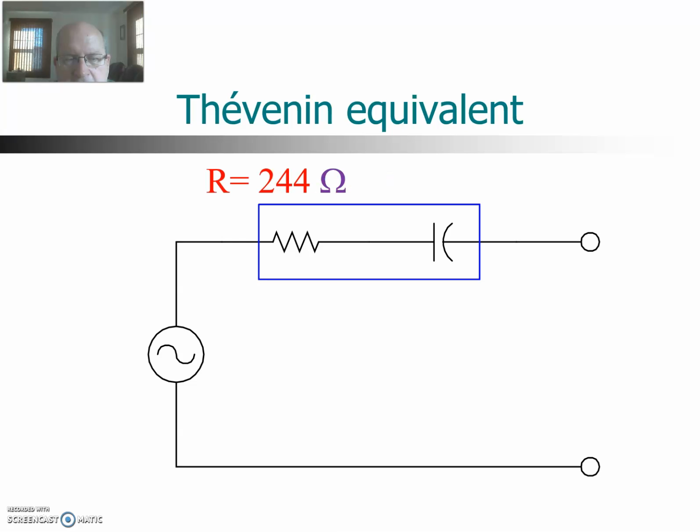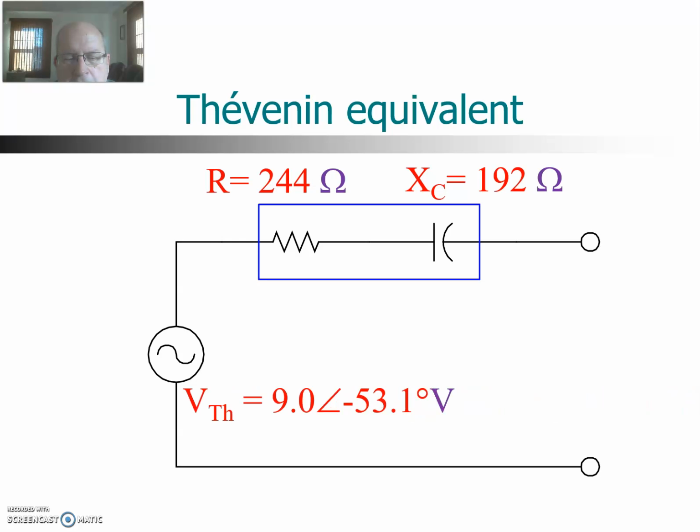So the resistance is the real part, 244 ohms, and the negative imaginary implies it is a capacitor with a capacitive reactance of 192 ohms. And then we previously found the Thevenin voltage of 9 at an angle of minus 53. So this is the Thevenin equivalent circuit. This circuit will behave the same as the original circuit from the perspective of the load.